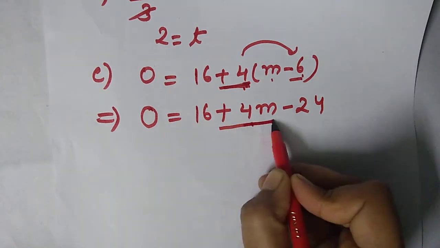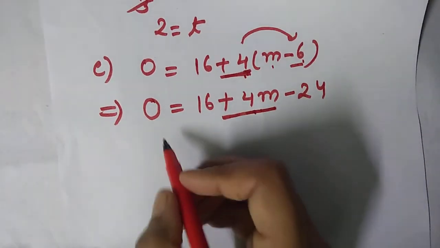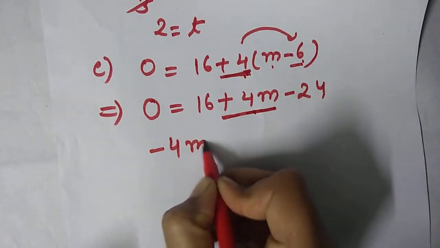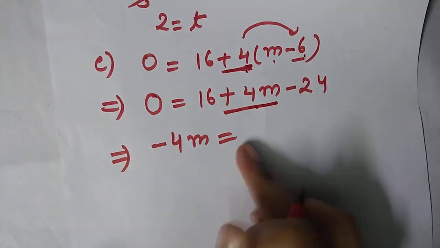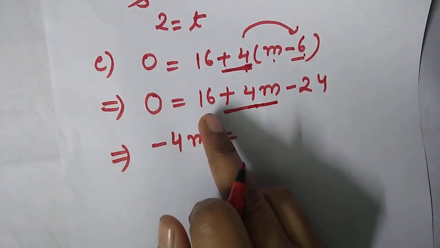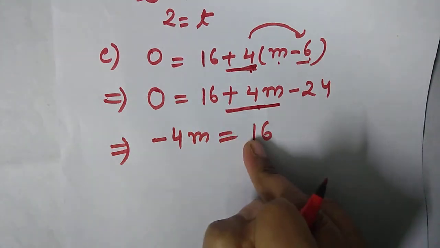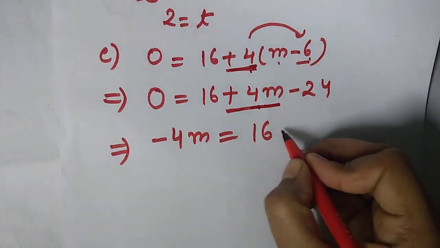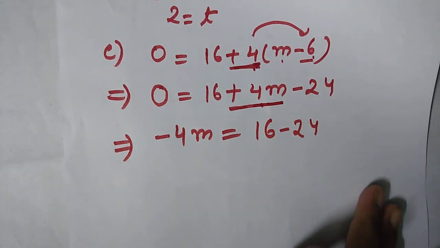This 4m is with a plus sign, so if I change its side, it will be minus 4m. And I am collecting the constants on the RHS. This is already on the RHS, so it will remain the same, 16 with plus sign, and this will also remain the same, that is minus 24, because they are constants.